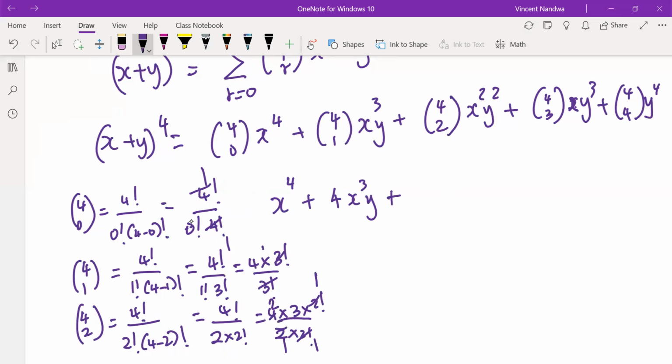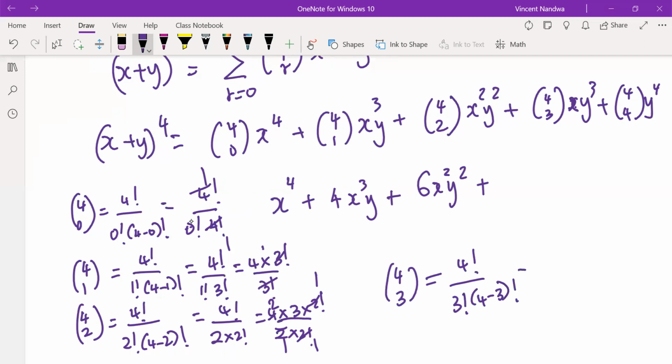So 6x squared y squared plus 4 combination 3 means 4 factorial over 3 factorial times 4 minus 3 factorial. So 4 times 3 factorial over 3 factorial times 1 factorial. So the answer will be 4.